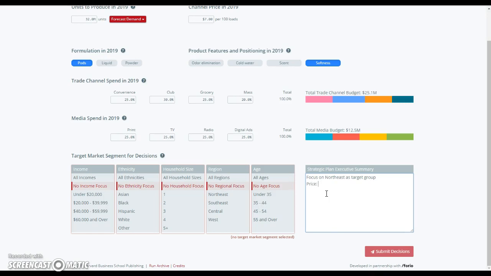I will keep price in the lower range versus competitors. Product, focus on pots which has the highest demand.